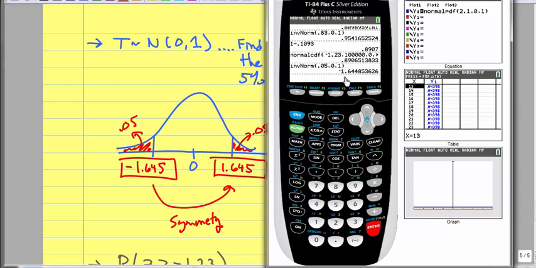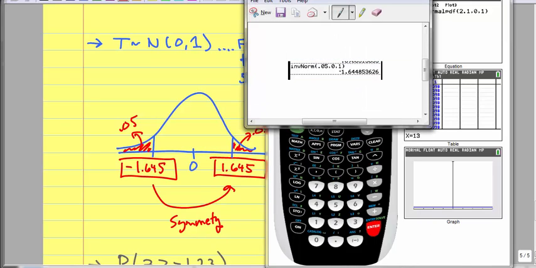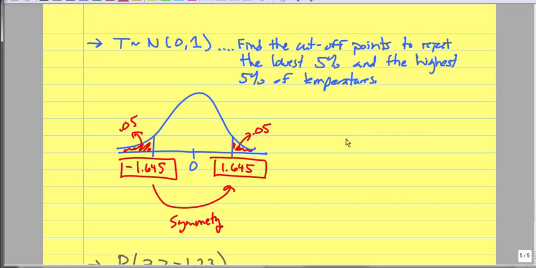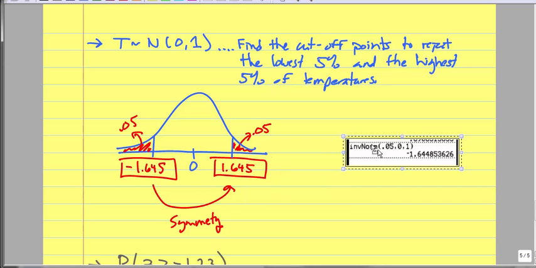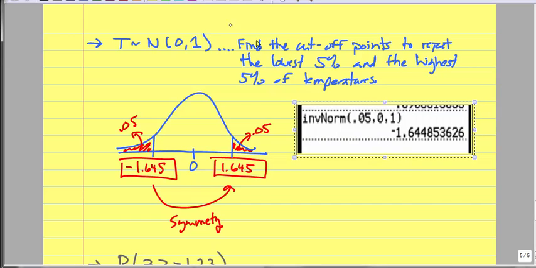Okay, and I can see here that I get something pretty similar, and let's compare it to what we have when we use the tables. I can see that I can round this to 3 places, and I'd also get that same value of 1.645. So that's using the inverse normal.